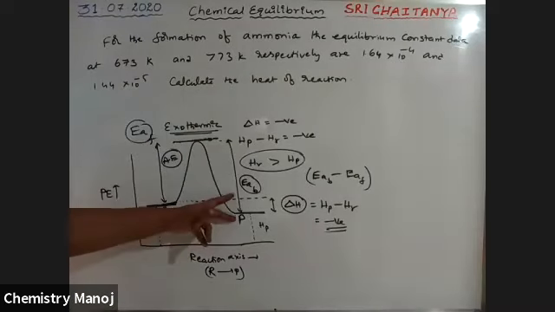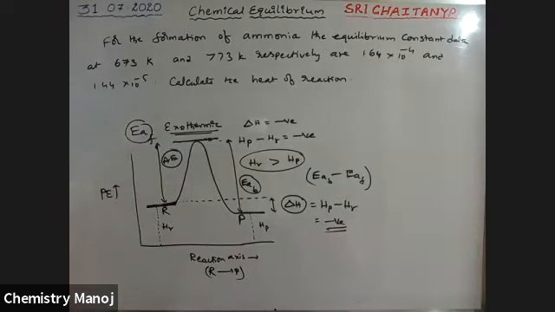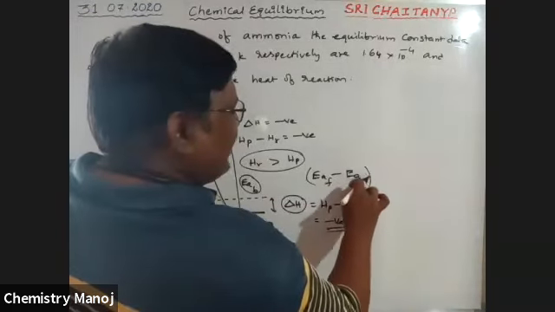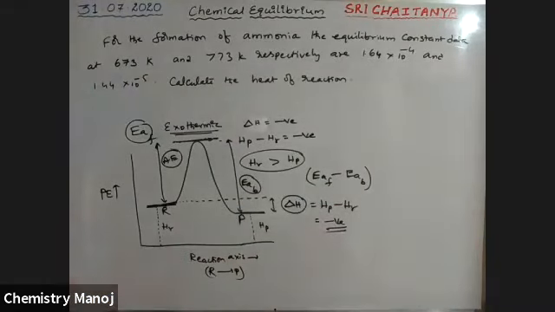That should be negative. Is this negative? No, positive. So it is activation energy of forward reaction minus activation energy of backward reaction. That is the delta H value.